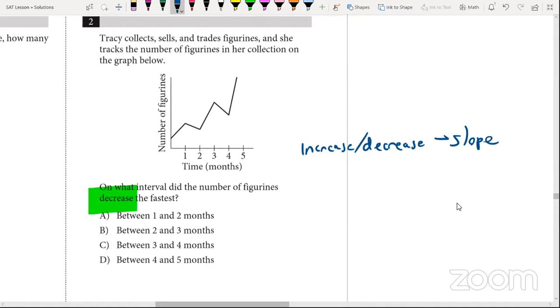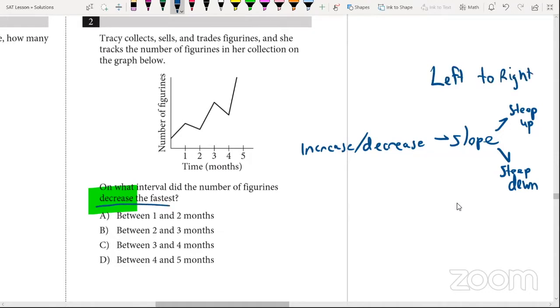And so if we want the fastest increase, that would be a really steep slope upward, or the fastest decrease would be really steep in the downward direction. And also the other thing is that when we're talking about slope, we're going from left to right. So because we're looking for a decrease, where is it very steep in the downward direction?